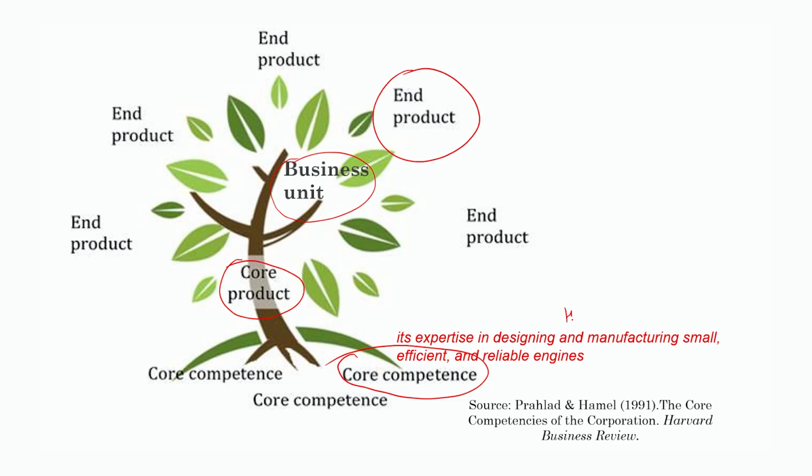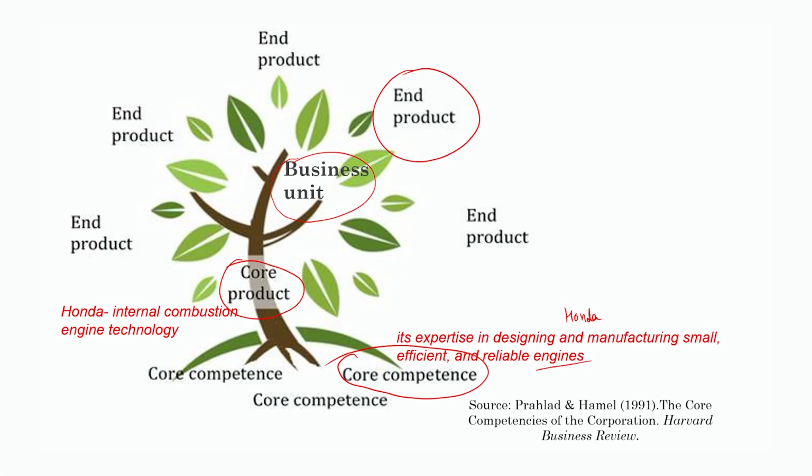For example, if we talk about Honda, its core competency is its expertise in designing and manufacturing small, efficient and reliable engines. If we talk about its core product, it is internal combustion engine technology.